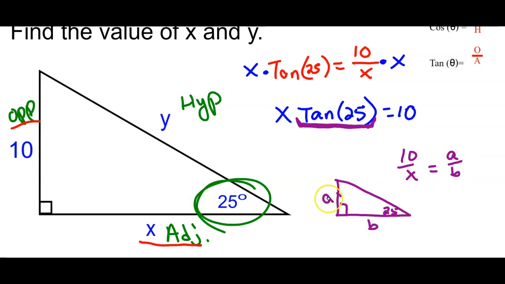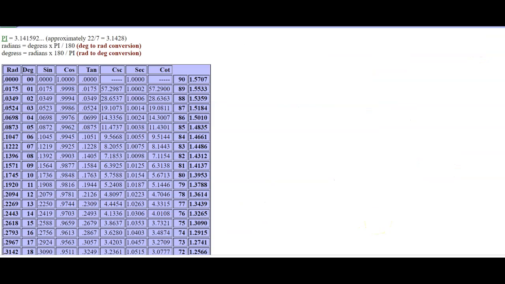Since these two triangles are similar, opposite over adjacent, in reference to the 25-degree angle, will equal whatever a over b is here. So before calculators with trig functions on them became affordable or even invented, we would use trig charts to come up with these ratios.